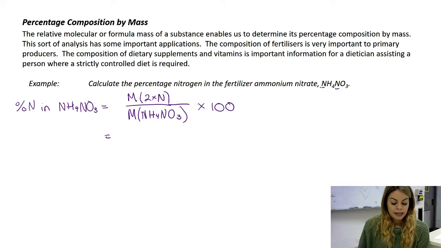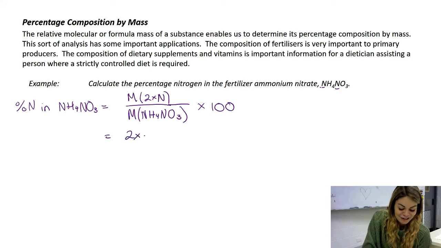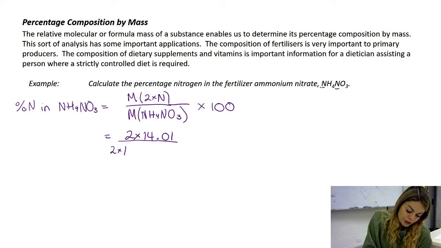So the same way as last time, we need to find the molecular mass of nitrogen on that page on your formula sheet. So nitrogen is 14.01, I think, or is it just 14? No, it's 14.01, I'm pretty sure. So 2 lots of 14.01, and then we need the full molar mass of ammonium nitrate. So there's 2 nitrogens, so 2 lots of 14.01 plus, we've got 4 hydrogens.